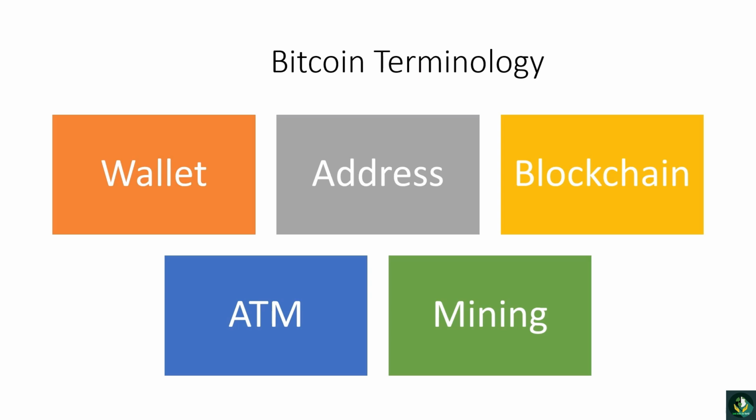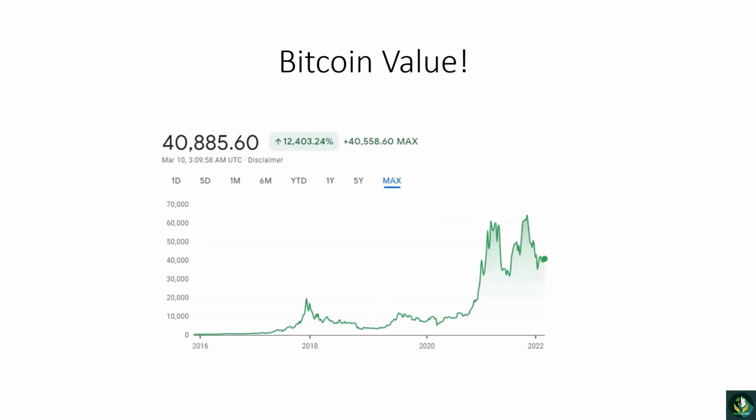Now let's look at Bitcoin value, because I think it's essential that we understand what we were pointing out earlier. As I am recording this video, the Bitcoin price is $40,885.85, which is huge.